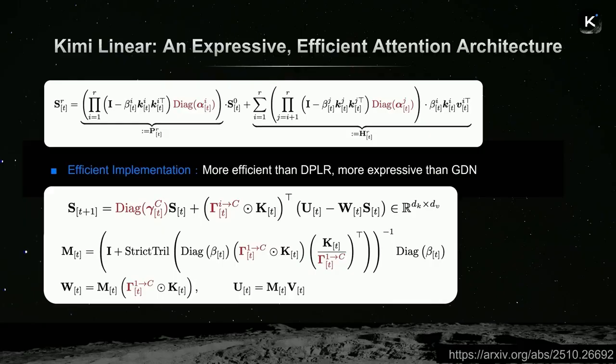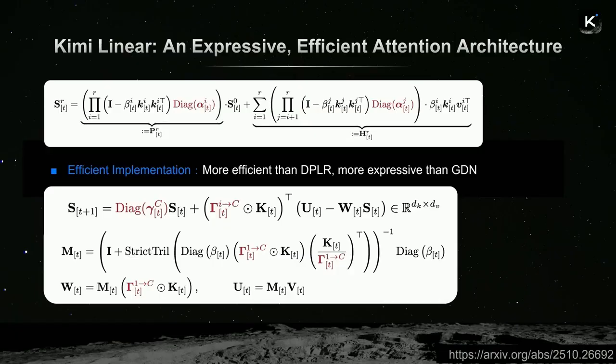So to achieve an efficient implementation, we rewrite the entire equation into the bottom three equations. We introduce this matrix inversion operation, as well as the cumulative decay factor, so that we can implement this entire thing in parallel without sacrificing any efficiency.